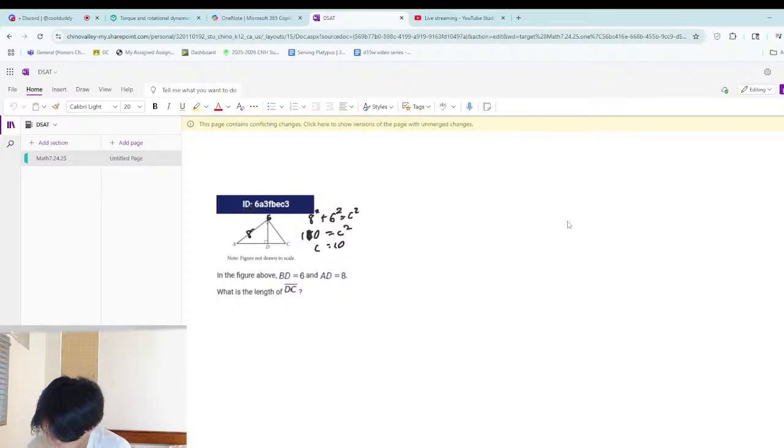Okay, so let's take a look here. DC is going to be 8 plus X is equal to C squared, but that doesn't tell us anything, or does it?